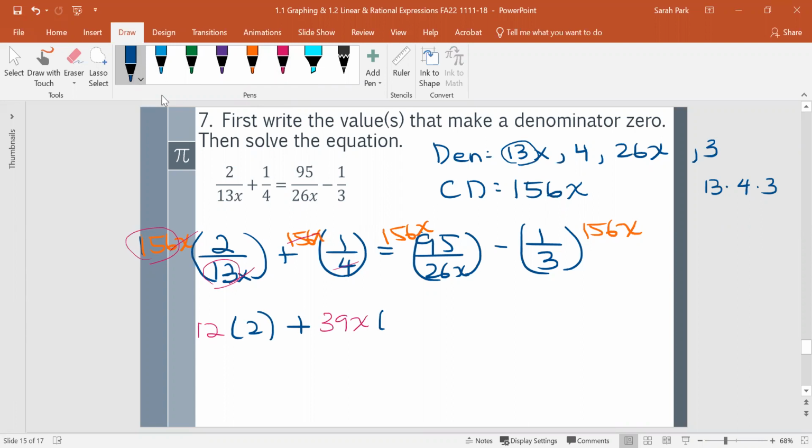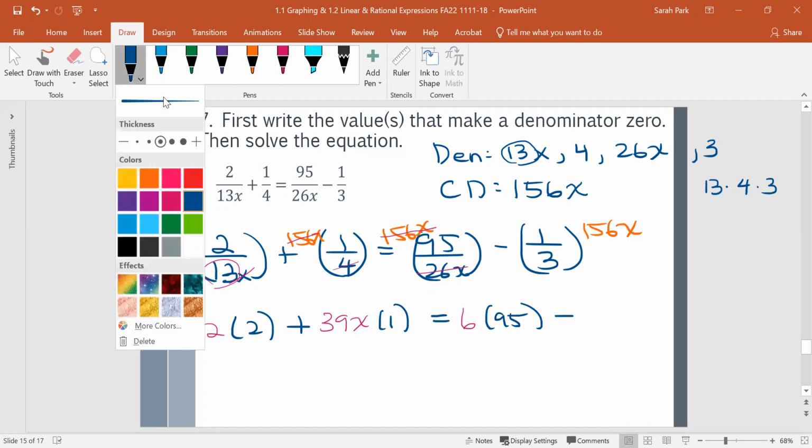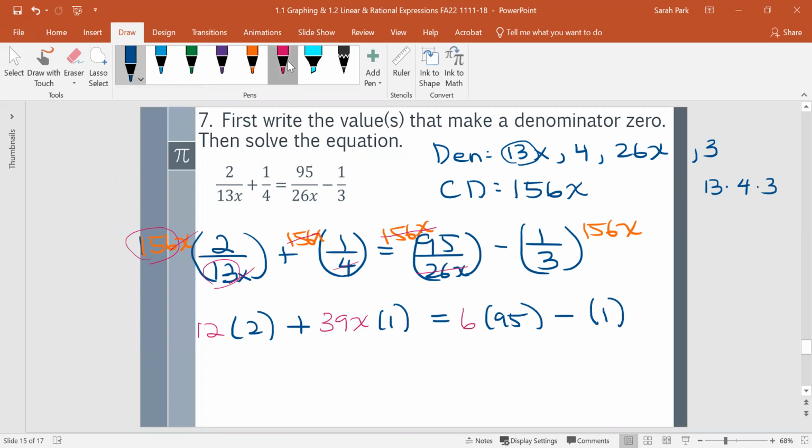And then in parentheses, we have 1. Equals, do 156 now divided by 26, because that's in the denominator. And that gives us 6, with the x also being gone because we've canceled that. Minus now 156 divided by 3 gives us 52. And then the x, because we need to keep that x as it wasn't canceled away.